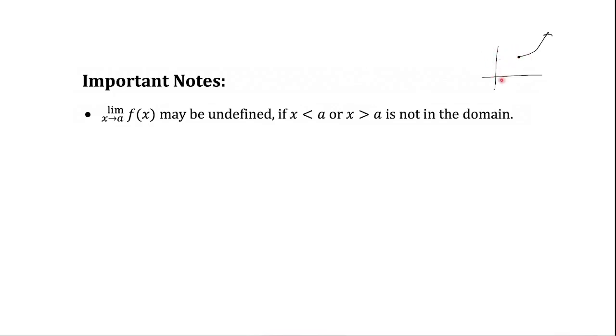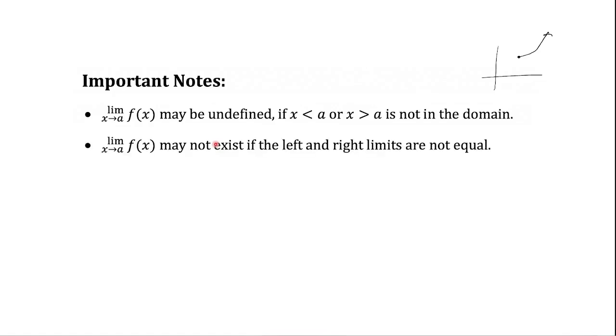We don't know what's happening as the function is going from the left. We only know what's going to happen from the right-hand side. So if x is less than a or x is greater than a is not in the domain, then the limit of the function at that point may be undefined.